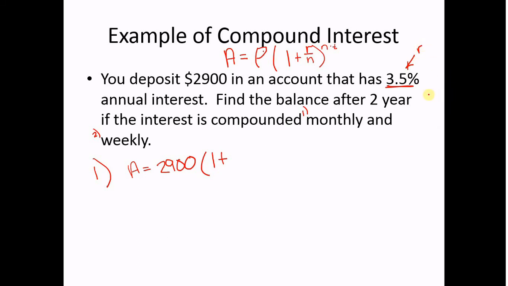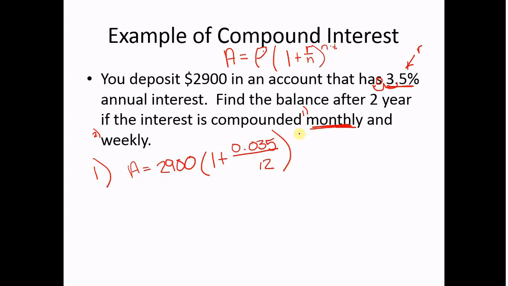But I need to express that R as a decimal, so I'm going to move it twice to the left. I'm going to get 0.035 divided by my N, which is the number of times compounded. So I'm going to compound monthly. Monthly, if you look back at your last note, was 12 times a year.